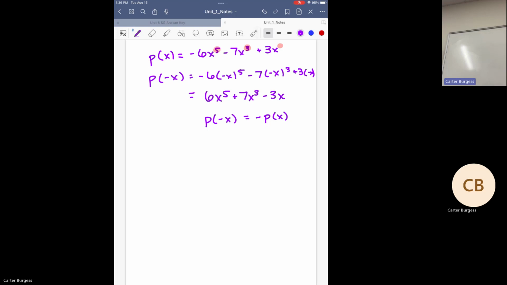We looked at a few functions, and we can already see that this is fairly remarkable. For instance, if we're looking at something like 3 to the power of x, we're certainly not going to see this property if I plug in this negative x here. In this case, f of negative x gives us 3 to the negative x, which gives us 1 over 3 to the x.